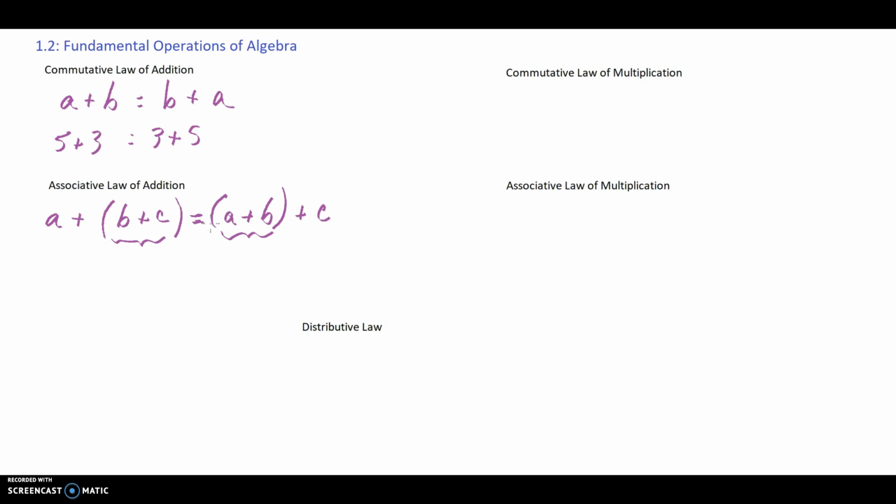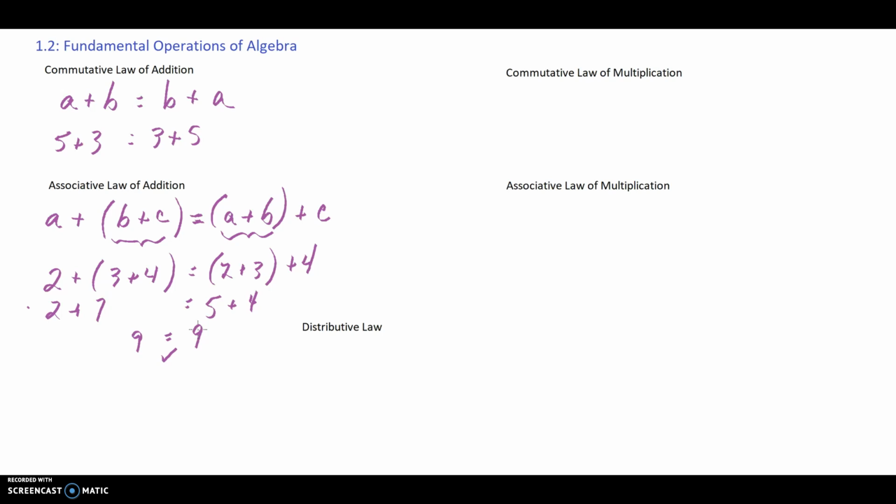So I can throw in some numbers as well and do 2 plus (3 plus 4). And that's the same as (2 plus 3) plus 4. All right, this one becomes 2 plus 7. This one becomes 5 plus 4, 9 equals 9. Yes, okay. So that's just a numerical example to show that that works.